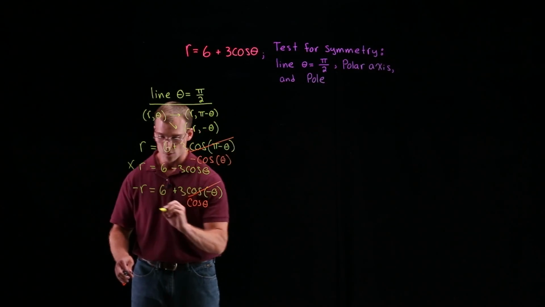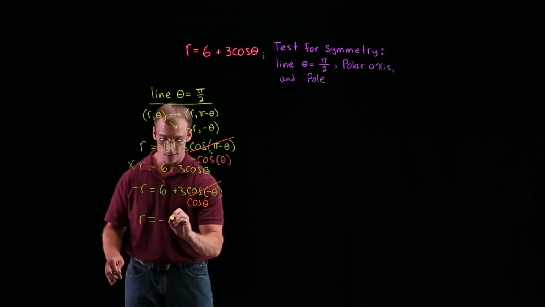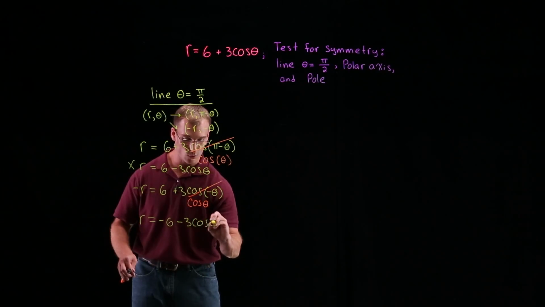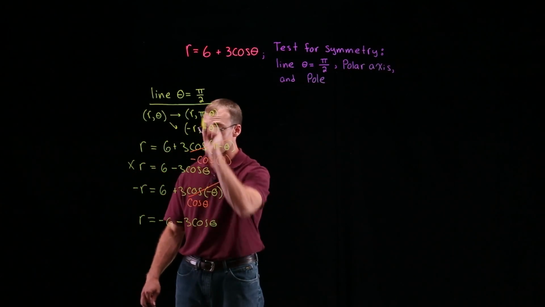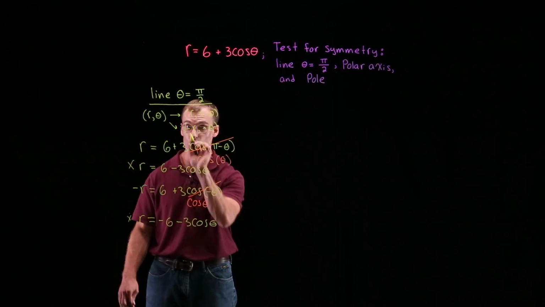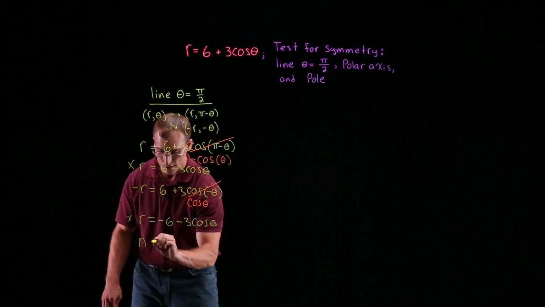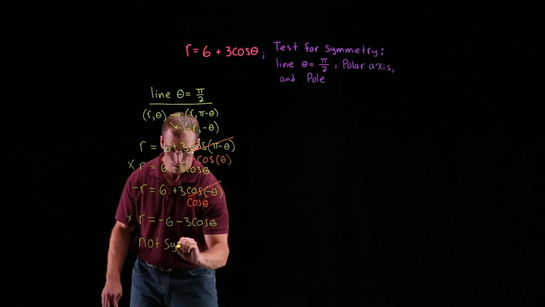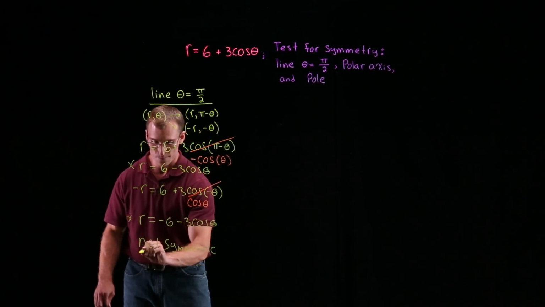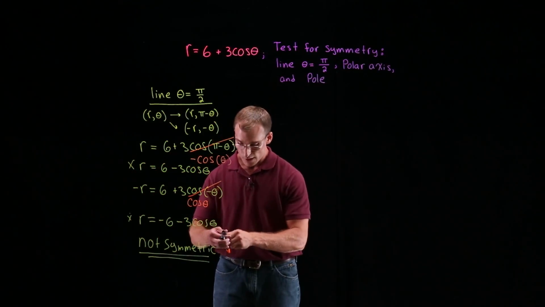Bringing the negative to the other side, we get r equals negative 6 minus 3 cosine theta, which again is not the same as our original. So this point doesn't work either. What that tells us is that the graph of our equation is not symmetric with respect to the line theta equals pi over 2. Let's move on.